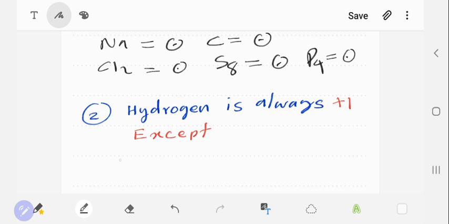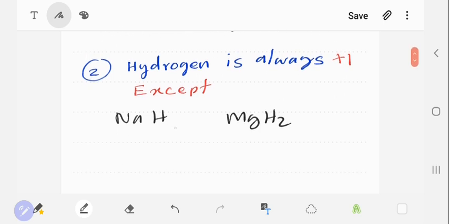Metal hydrides means sodium hydride, magnesium hydride, MgH2. In metal hydrides, hydrogen is -1. We can understand this very clearly after the other rules.